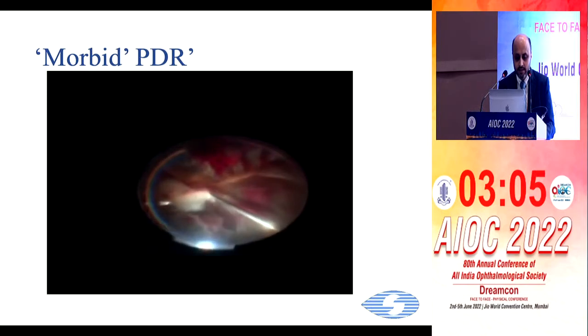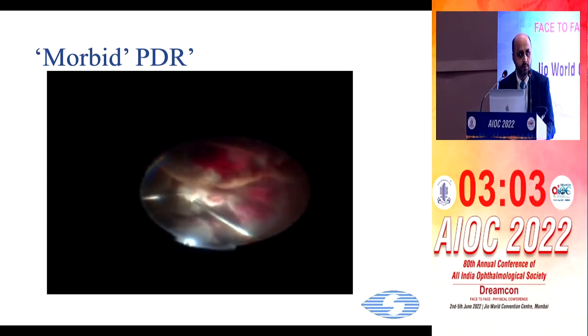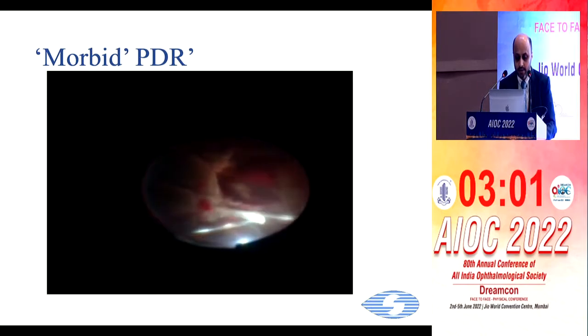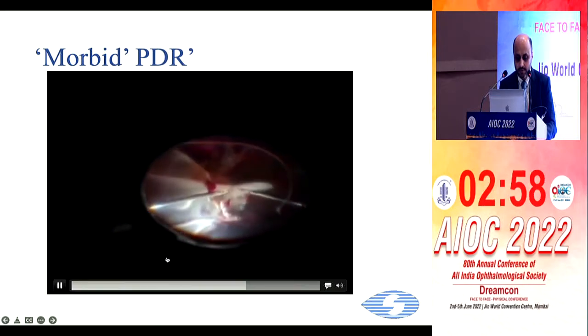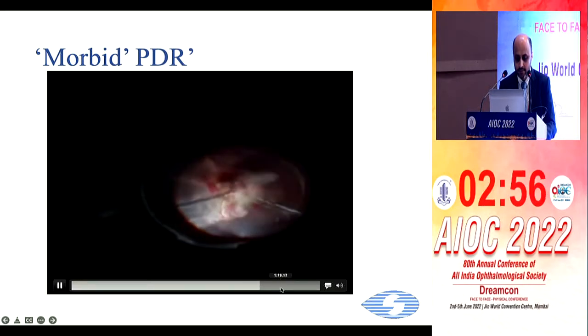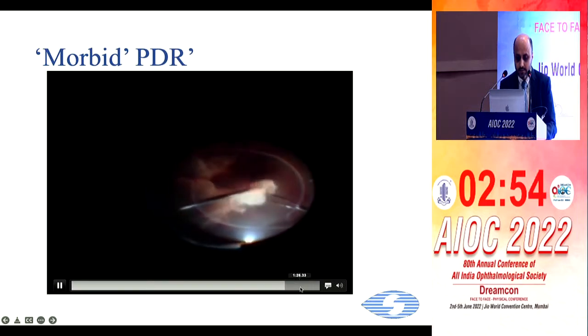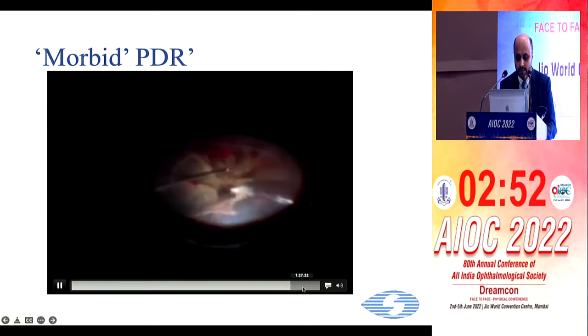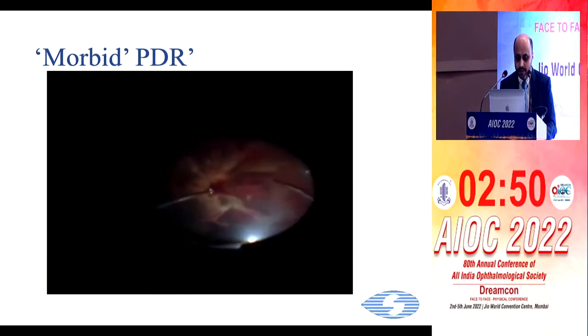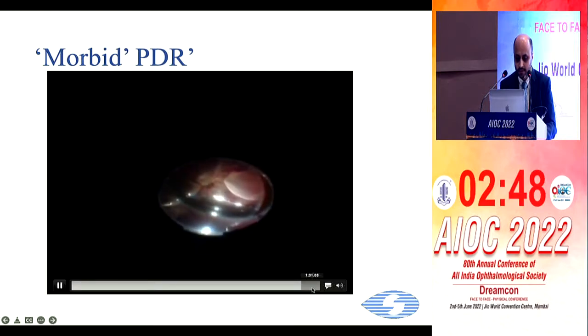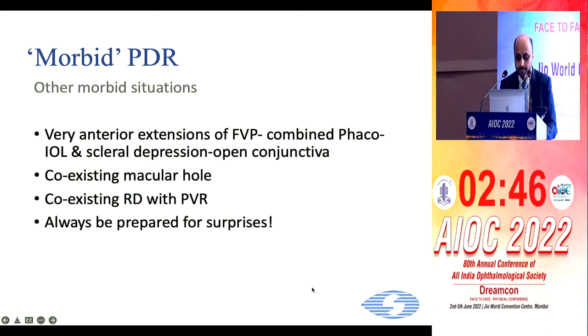Again, in these cases, I think bimanual is the only way to go, which is very controlled, and you would not end up with more iatrogenic breaks and bleeders. And finally, we are able to get rid of the membrane and tackle this case to the best of our abilities, and finally put in tamponade.